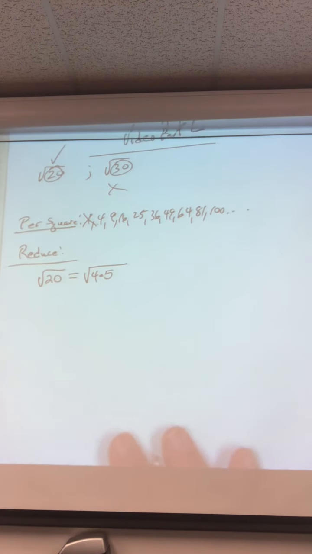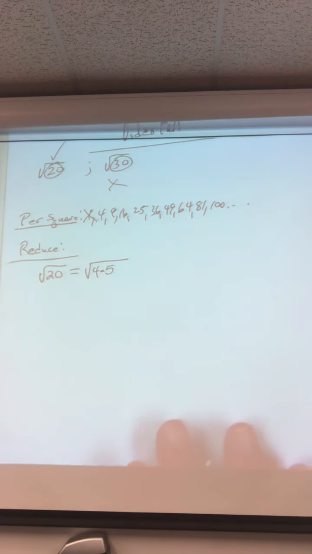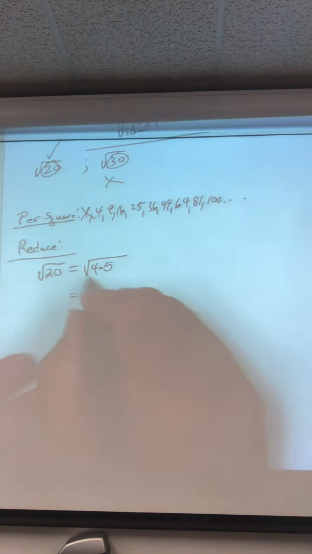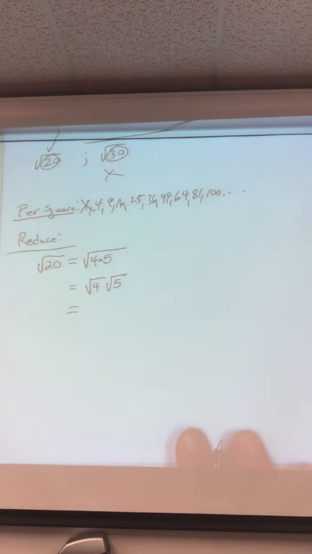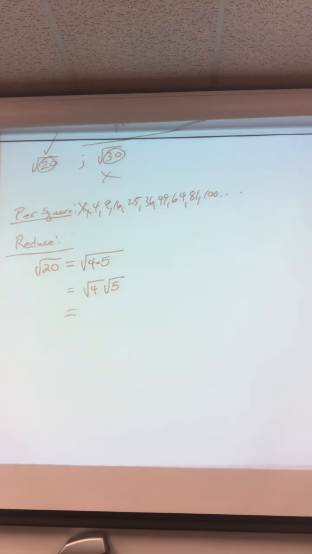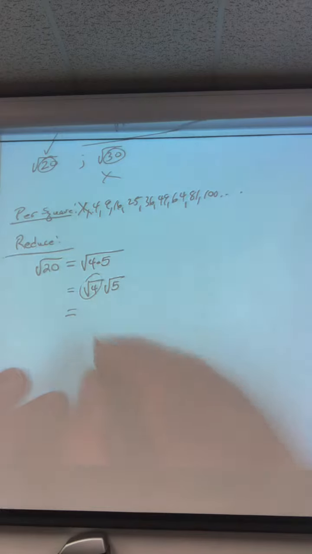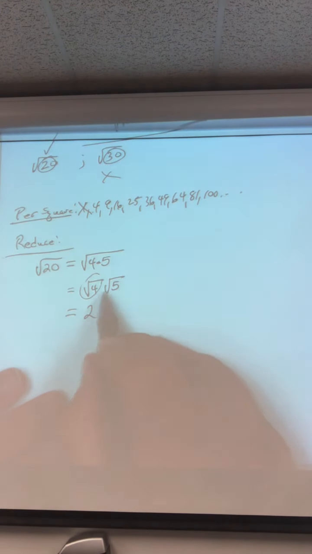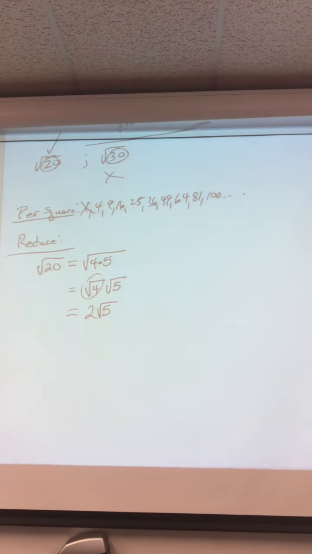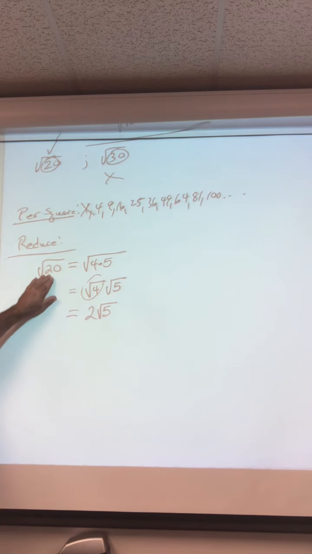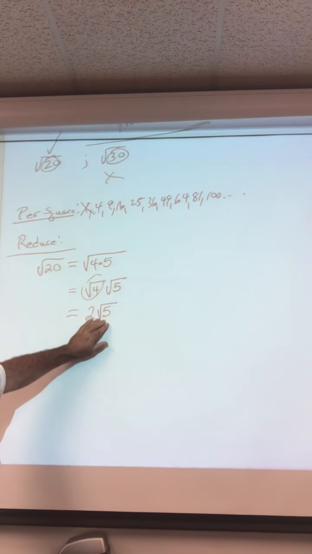Now, remember we said a while ago, if you're multiplying under a square root, you can break it apart as long as they're not both negative. So I'll break this into 2 parts. Now, one of these is doable, one is not. What is the square root of 4? It's 2. I cannot get the square root of 5. That is not doable. So you must leave it under the square root. So square root of 20 can be rewritten as 2 square root of 5.